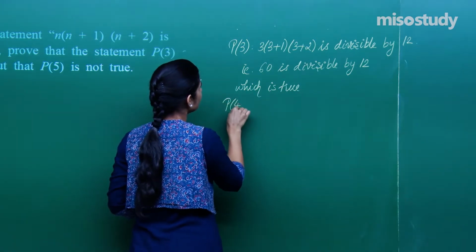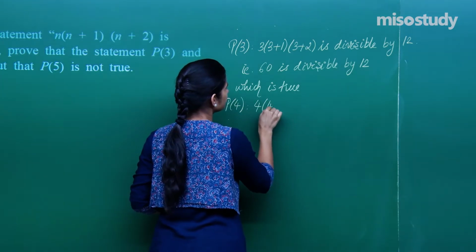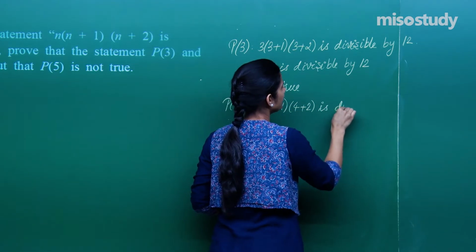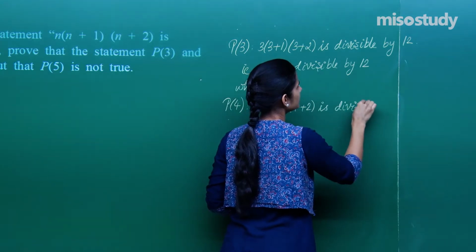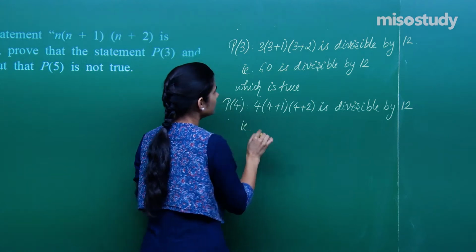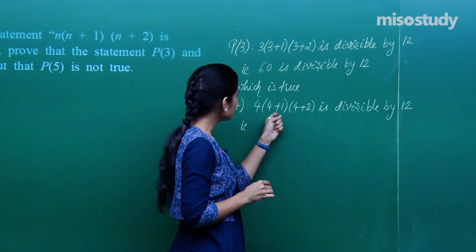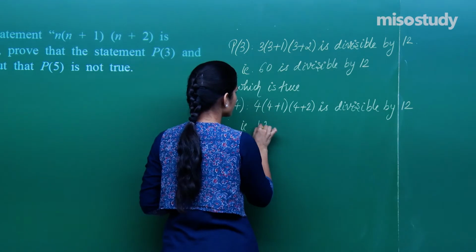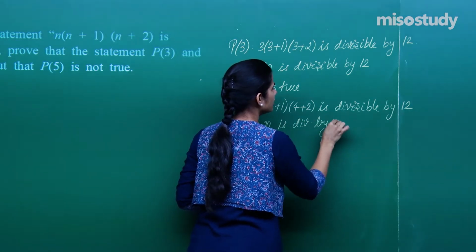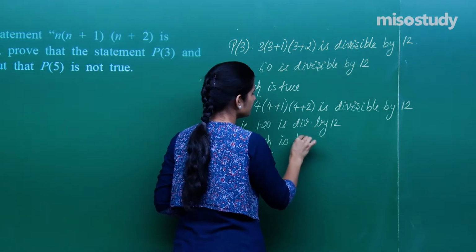If I talk about P4, P4 will be 4 into 4 plus 1 into 4 plus 2. This is divisible by 12. This is my statement P4. That is what? 4 plus 1 is 5, 4 plus 2 is 6, 6 into 5 is 30, 30 into 4 is 120. So we actually have 120 is divisible by 12, which is again true. 12 into 10 is 120.